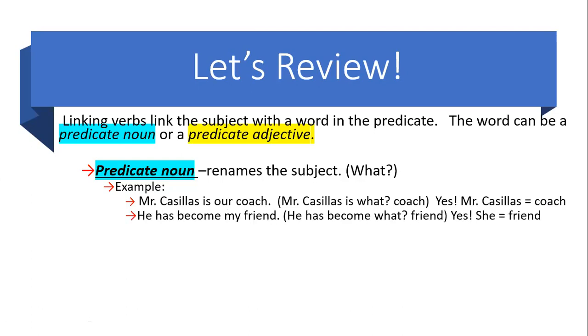Second example, he has become my friend. Here we identify the verb, which is has become, okay? Here it's another example of what become. If you look at the table, you're going to see become. And now you have has become because this is another form of the linking verb, become. So has become is the linking verb.